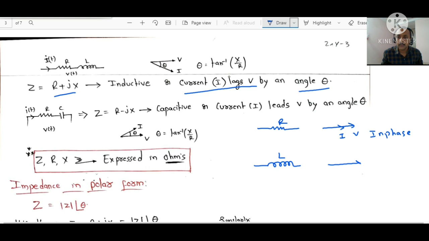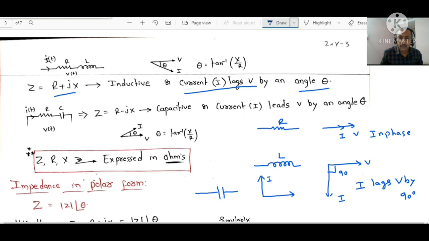If it is a pure inductor, if you are having a voltage at an angle of 0, exactly 90 degrees, current I lags the voltage V by 90 degrees. If it is a pure capacitor, if this is the voltage, the current will be like this.